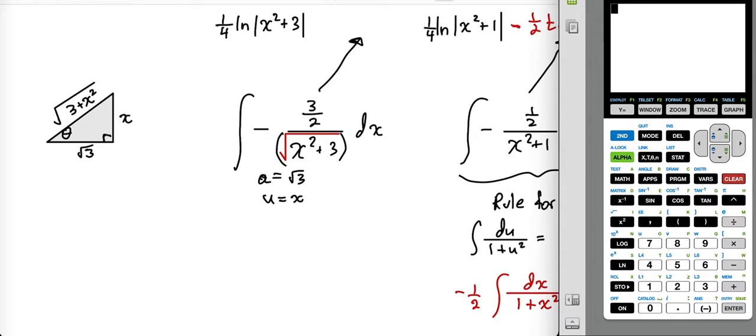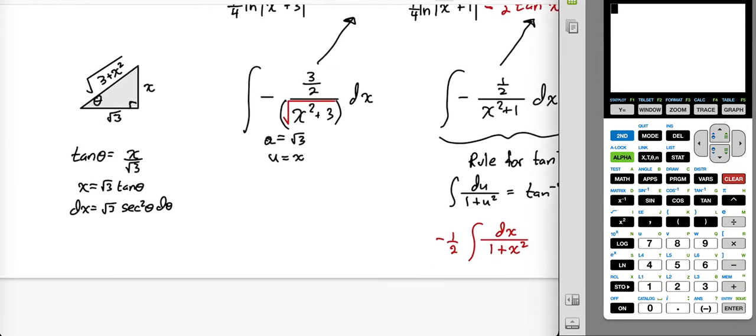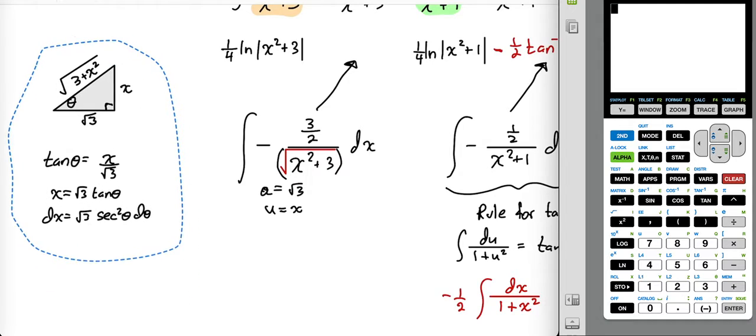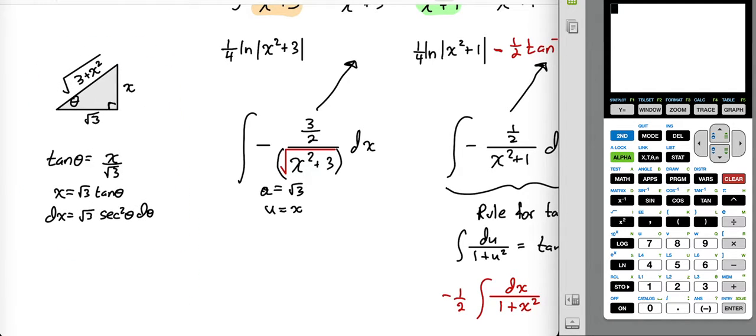So tangent of theta is x over radical 3, which means x is equal to radical 3 tangent theta, which means dx is equal to radical 3 secant squared theta d theta. You do these problems often enough, you start realizing the similarities, but I'm just going with the approach that it's a blank slate every time.